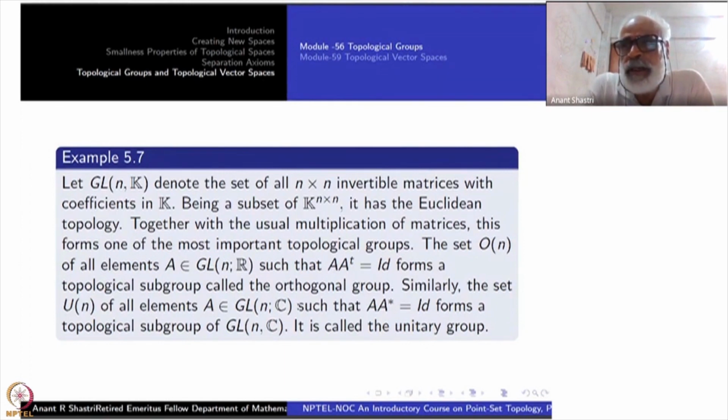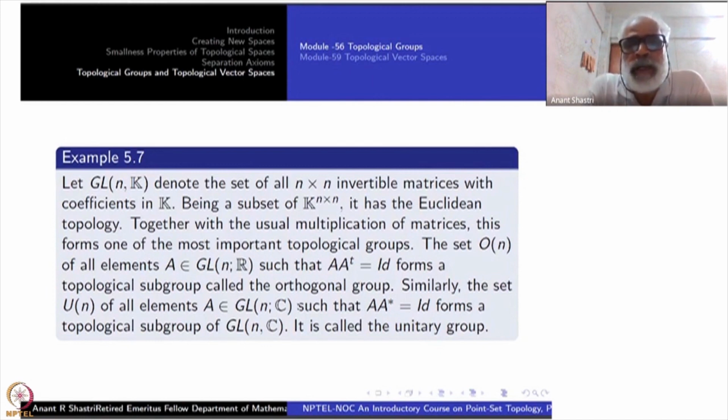Each entry will be a polynomial, namely the ijth cofactor, divided by the determinant. So it is polynomial divided by polynomial, but the denominator is non-zero. Therefore, they are continuous.